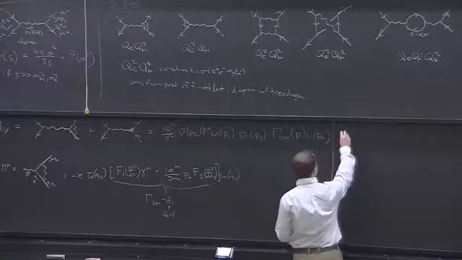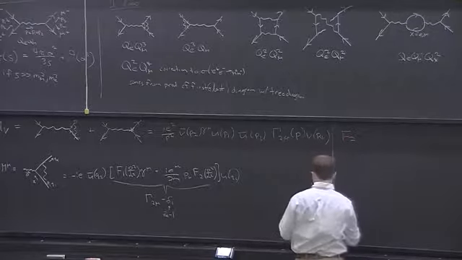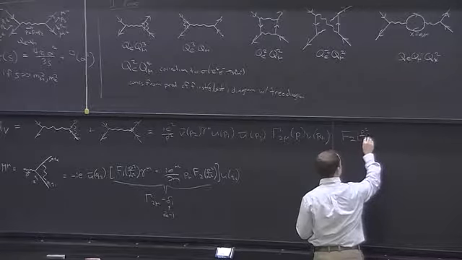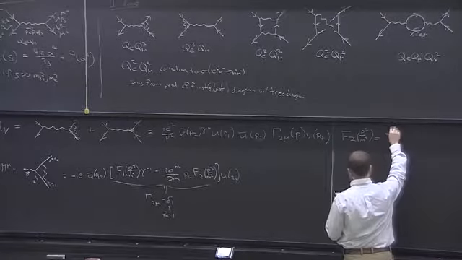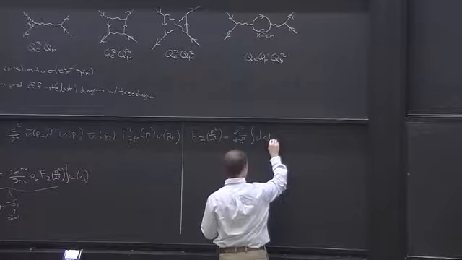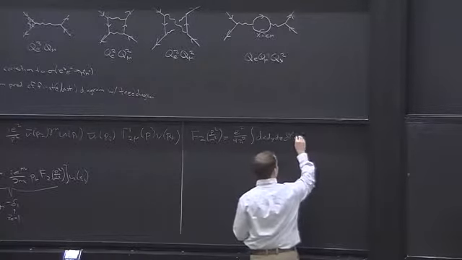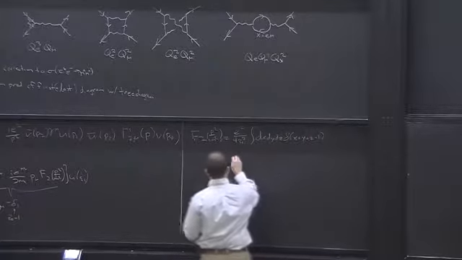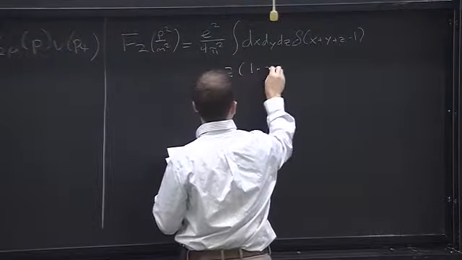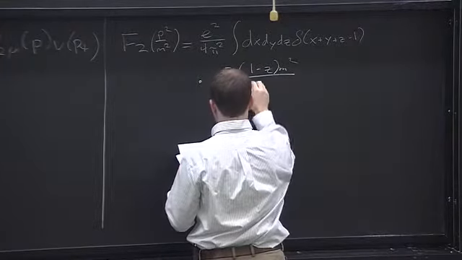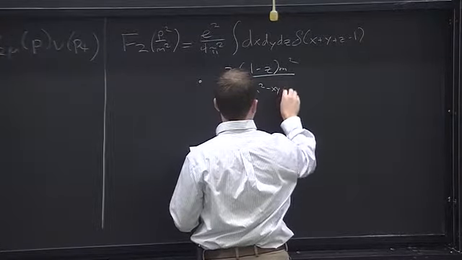So first of all, F2, we found yesterday, was e squared over 4 pi squared integral dx dy dz delta(x plus y plus z minus 1) times z(1 minus z) m squared over (1 minus z) m squared minus x y p squared.